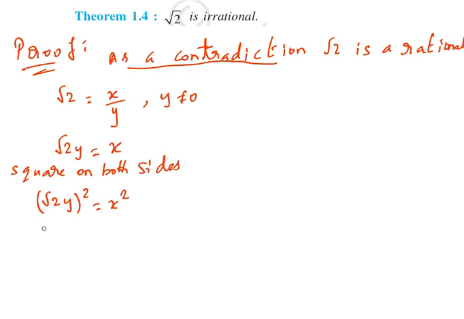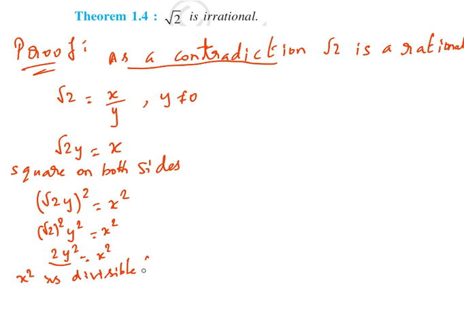That means root 2 square y square equal to x square. Root 2 square becomes 2. So 2 y square equal to x square. So x square is nothing but a product of 2. Definitely x square is divisible by 2.